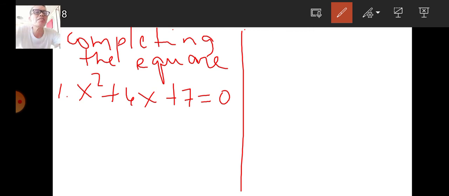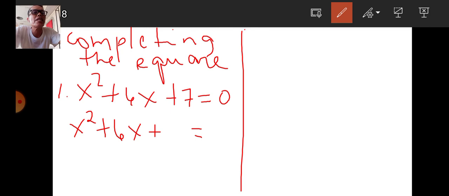So you are going to transpose 7 to the other side. The equation becomes x squared plus 6x must be equal to negative 7.